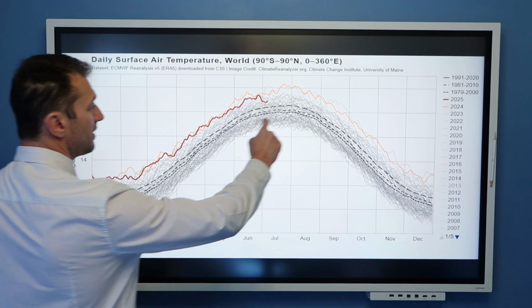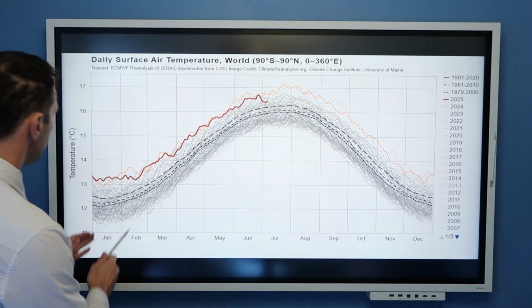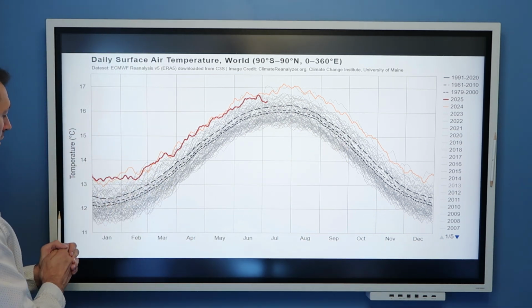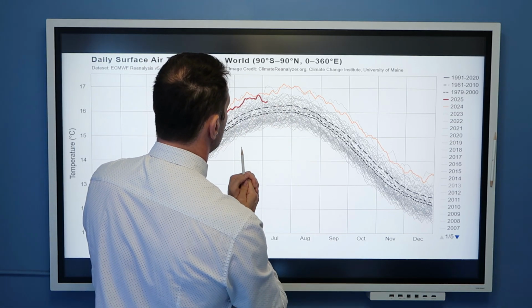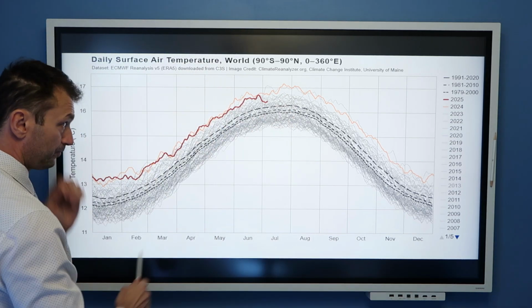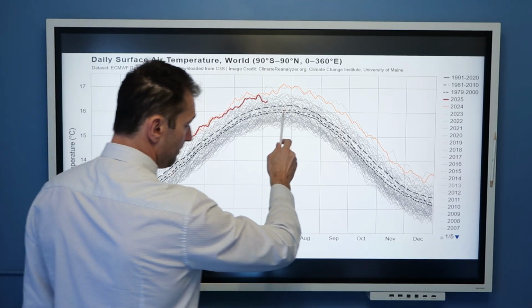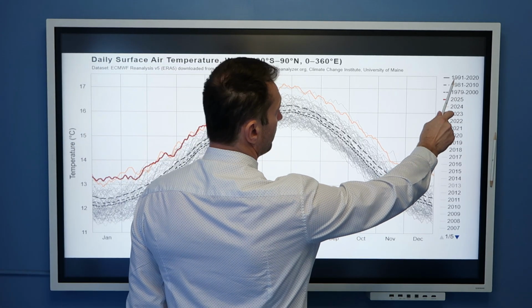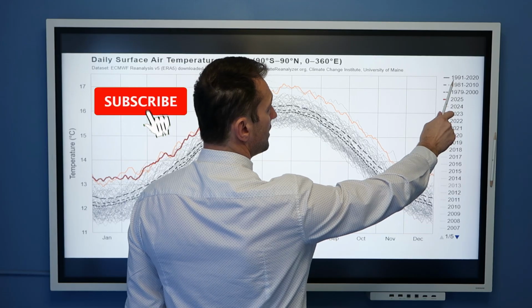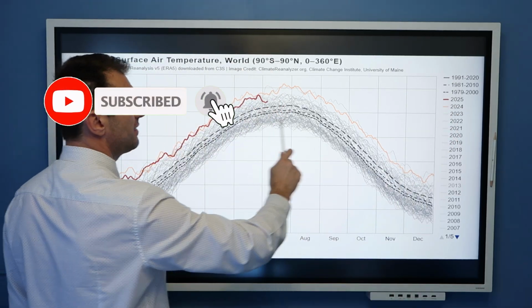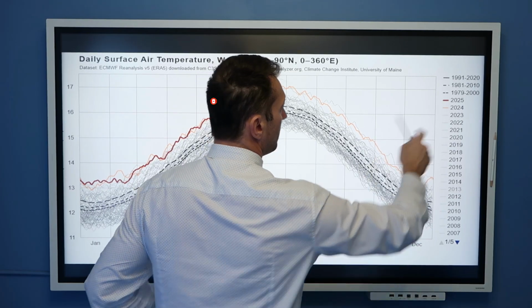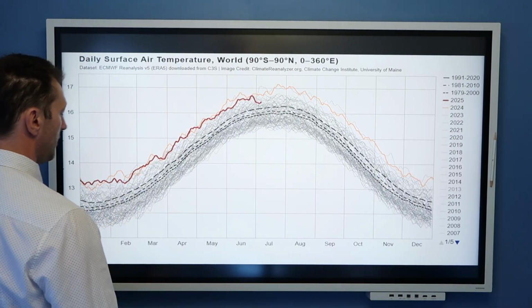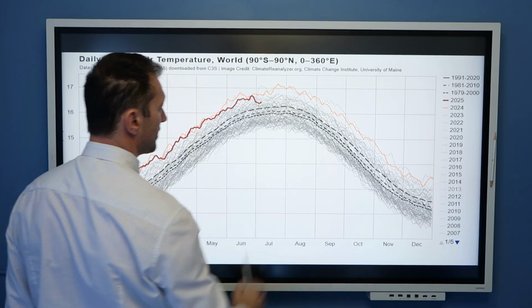So each of these gray lines is a given year. You can see we have cold winters and we have warm summers. And then these black lines are the climatological averages for the 30-year period 1991-2020, 1981-2010, and 1979-2000. So you can see averages of these gray lines.